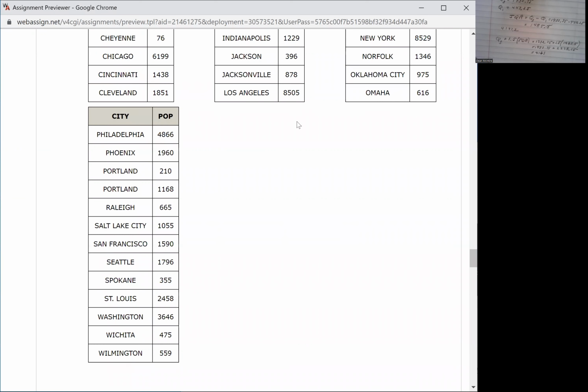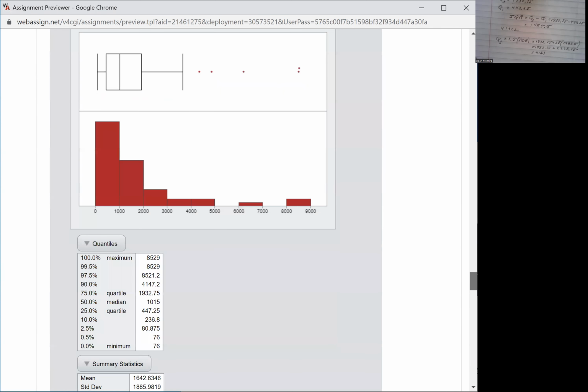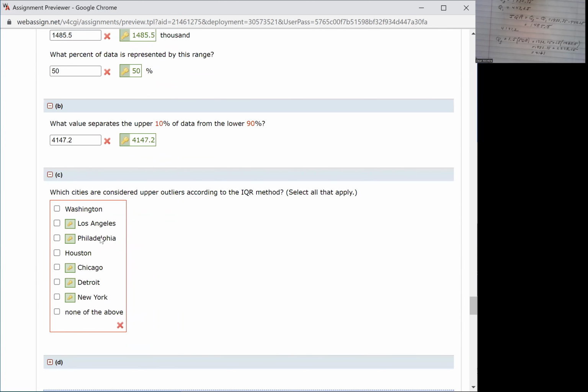So Los Angeles is an outlier. So we'll go down and check Philadelphia.